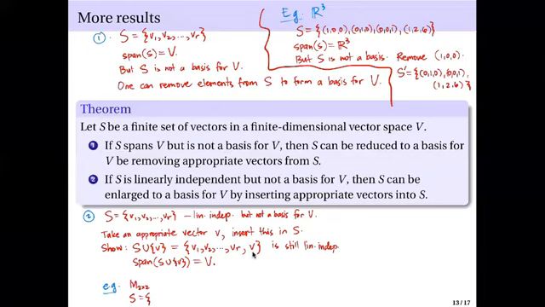Let's have S to be the set containing the following matrices: 1, 1, 0, 0; 1, 0, 1, 0; and then you have here 1, 0, 0, 1. Okay? This set here is linearly independent.